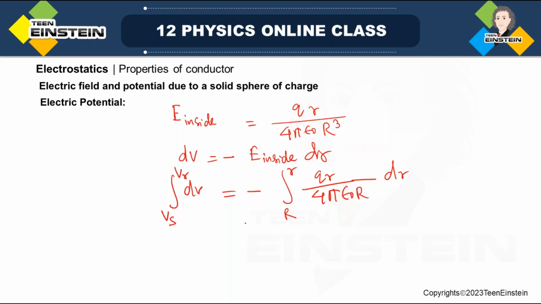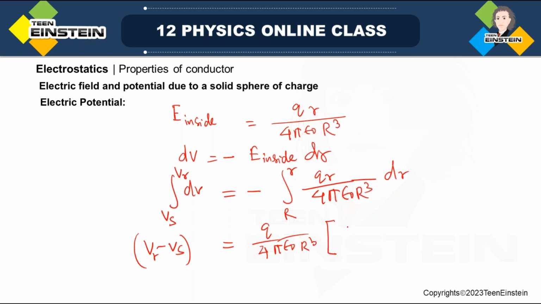Now if we integrate it, what we get is Q by 4 pi epsilon naught R cube. Here it is Vr minus Vs, and this is R cube.